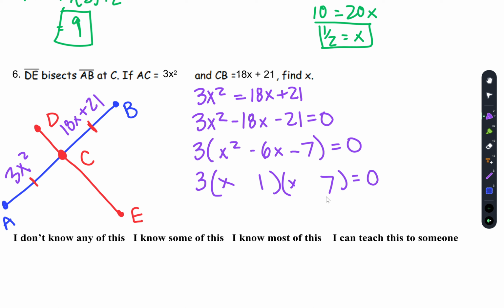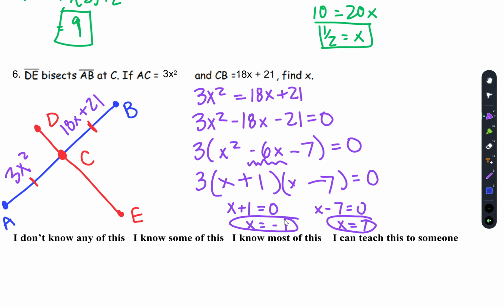I want a negative number that I'm multiplying to, so I know one's going to be positive, one's going to be negative, but I'm adding up to a negative 6. So my 7 must be negative, my 1 must be positive. By ZPP, I set each piece equal to 0 to get 2 answers. X equals negative 1 and x equals 7.